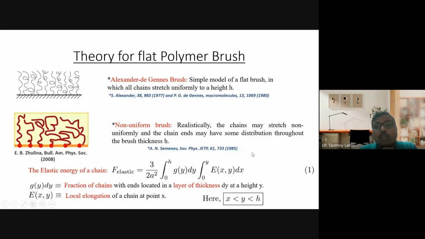And this theory talks about an elastic energy and an interaction energy. Here is the form of the elastic energy in equation 1, where g(y) is basically the chain end distribution that I talked about: all the chains are not uniformly stretched, but are non-uniformly spread throughout the thickness. And E(x,y) is basically the local elongation of the chains as they stretch away from the substrate.